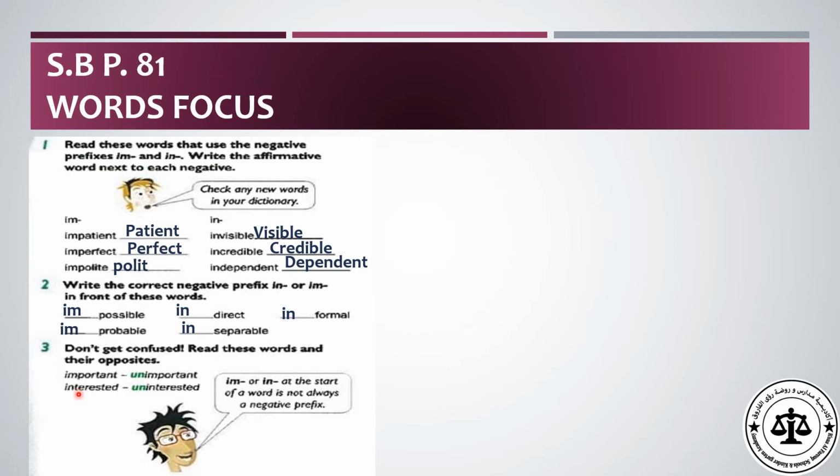So these are not prefixes. هدول مش prefixes، هدول من أصل الكلمة. أصل الكلمة important. إذا بنعطيها negative meaning we add the prefix: unimportant, interested, uninterested. As we see here, m or n at the start of a word is not always a negative prefix. ممكن تكون من أصل الكلمة نفسها.